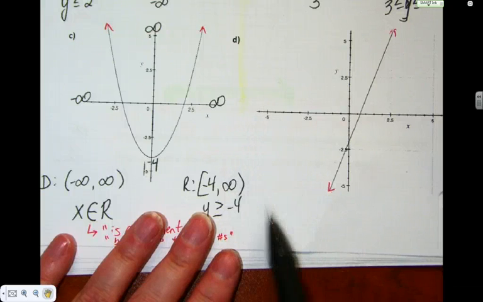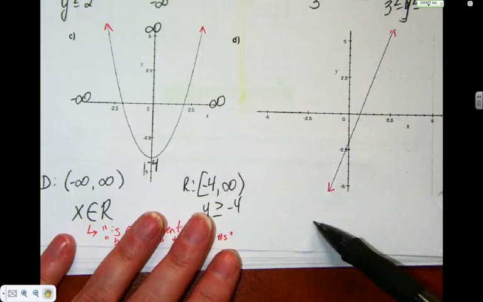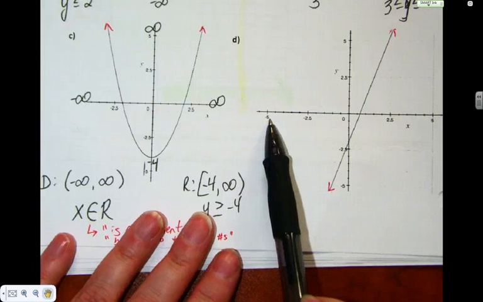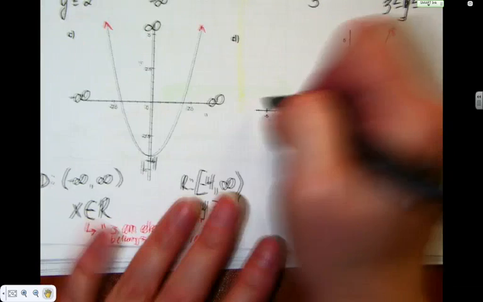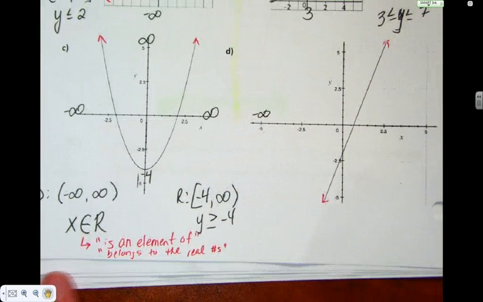Well, there's no graph down here at negative 5. But we could continue this line, and because of this arrow, it's going to go all the way to negative infinity.